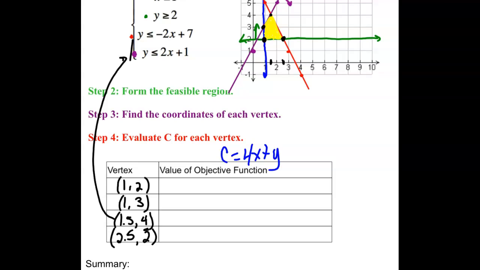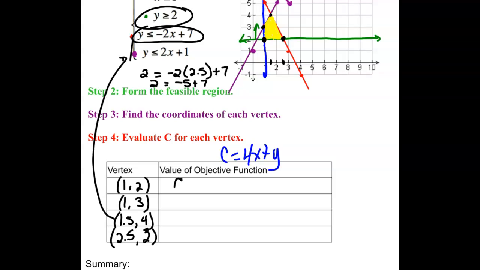So we said coordinates were 2.5 for x and 2 for y, so it fits our green line, y equals 2. We also want it to fit the red one. If we have a y coordinate of 2, does it equal -2 times our x coordinate plus 7? Well, -2 times 2.5 is -5, and -5 plus 7 does give us a 2. So it fits both the green and the red inequalities. So we have our 4 vertices.